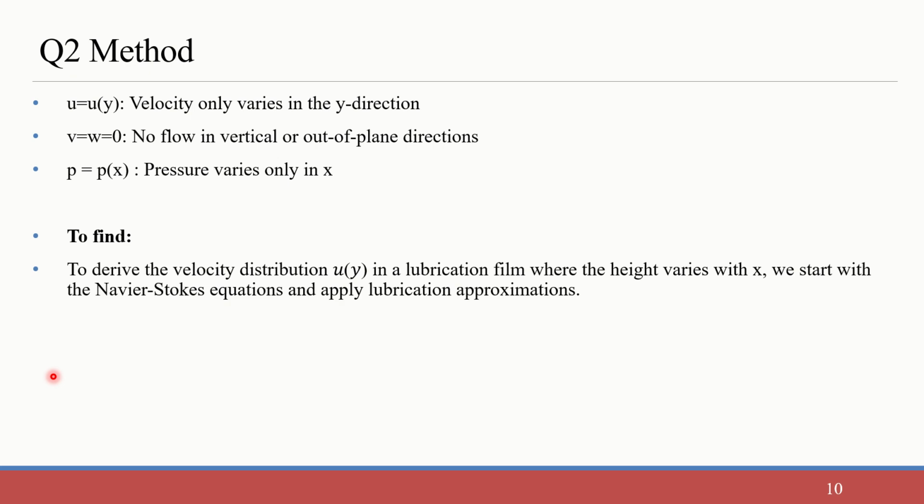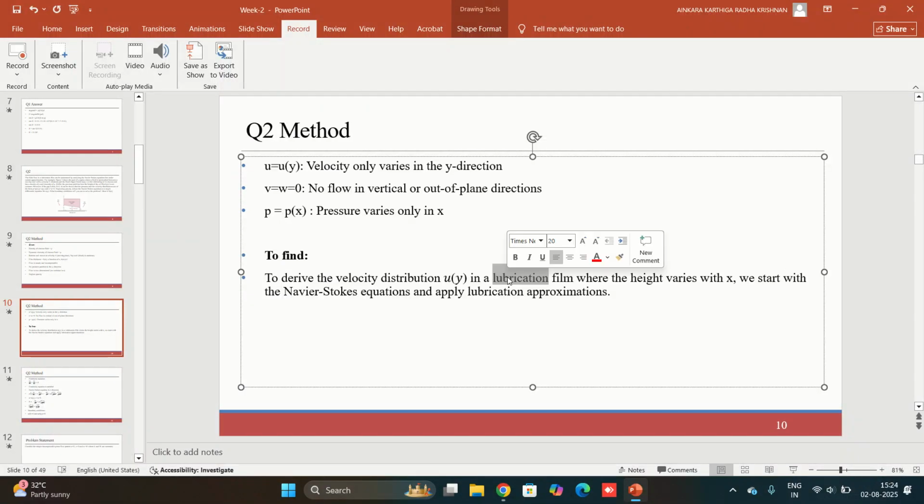Now what are we asked to find? We are asked to derive the velocity distribution, that is u as a function of y, in the fluid film. I mean, it is not exactly a lubrication film, but a fluid film where the height is varying with x.